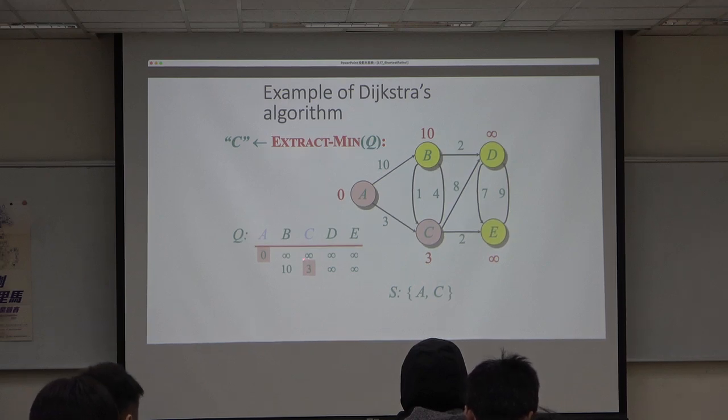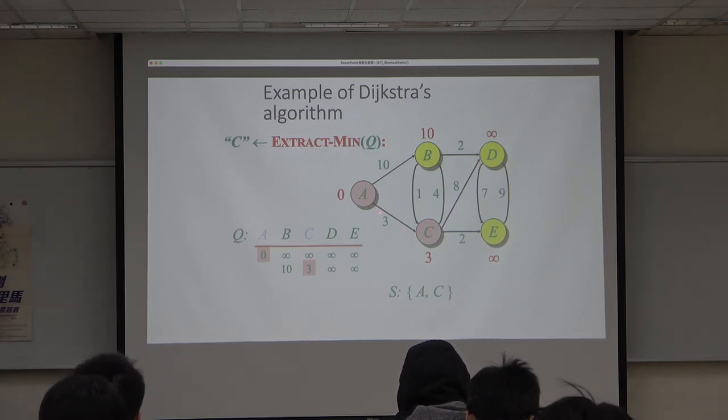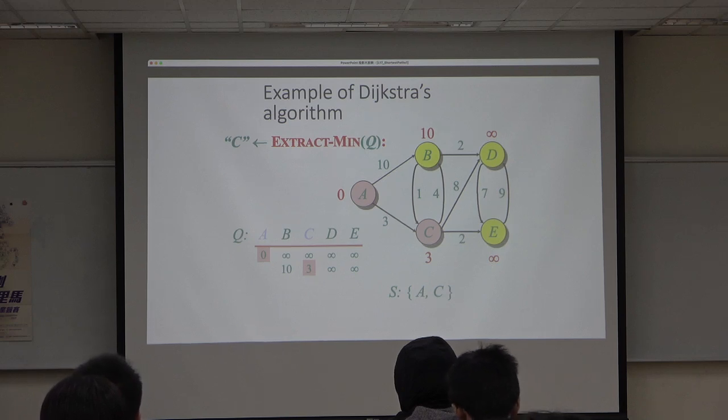And think about this. At this point, is it possible for you to have any path with a path weight lower than 3? We haven't proved that yet.